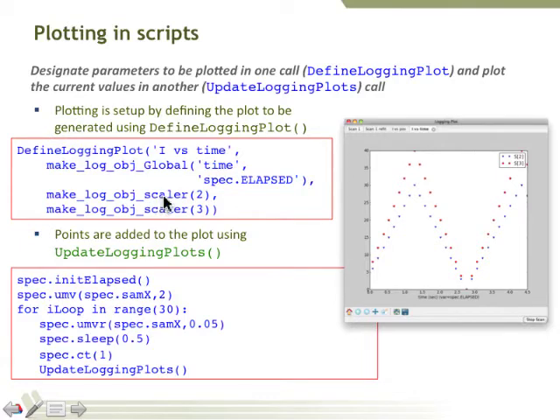I want to also plot that against two scalars. Then if I run a loop, every time I call update logging plots, it sticks the values into the plot. So that's a simple way to embed plotting into your script.